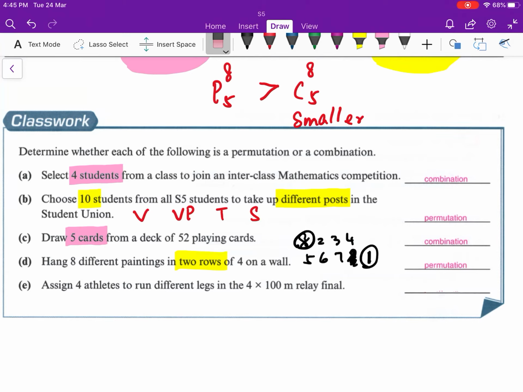Now, the last one. Assign 4 athletes to run the different lanes in the 4x100 relay final. If you really want to run the relay, is the order very important? Yes, of course. Just imagine during sports day, we have the class relay competition, right?